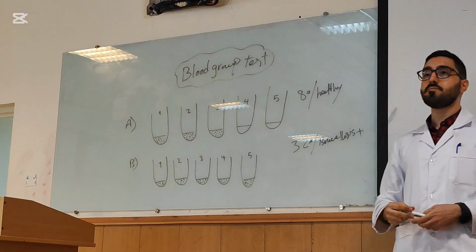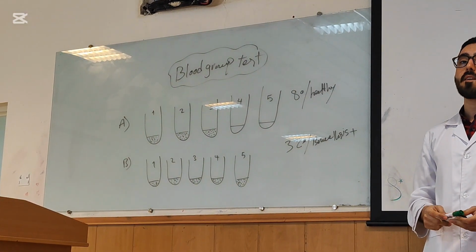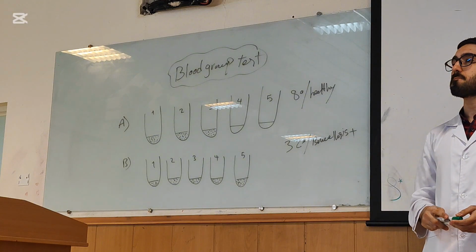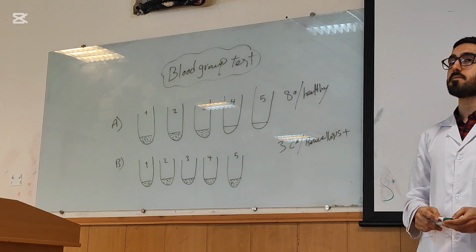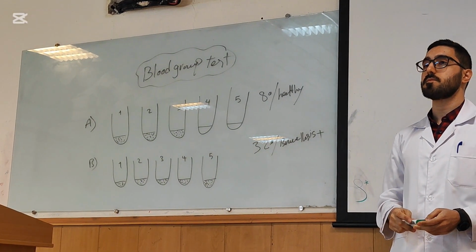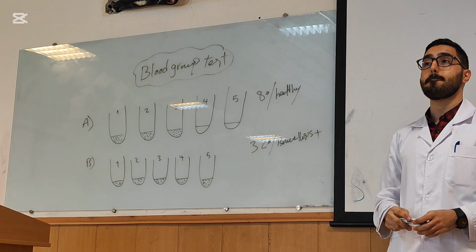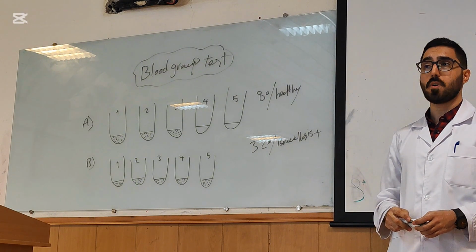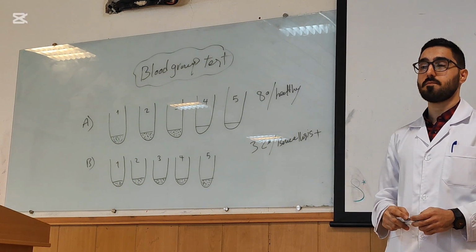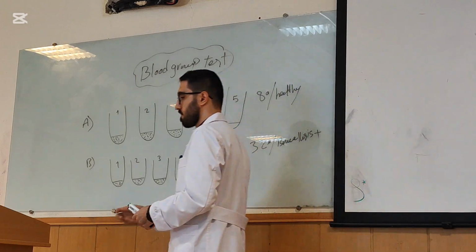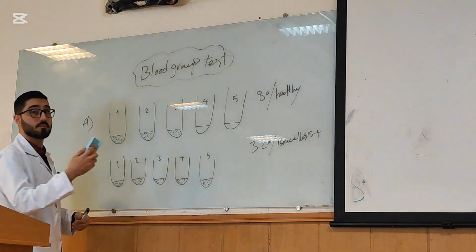Okay, any idea? Any other idea? It's correct. You can also add that for A, the test is negative, and for B, the test is positive. Sir, please explain it for us.